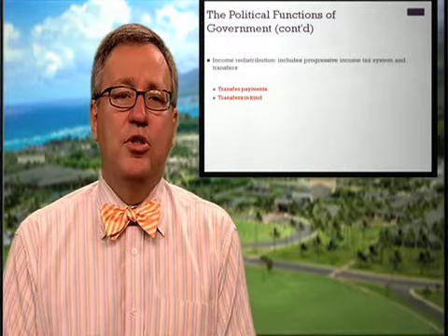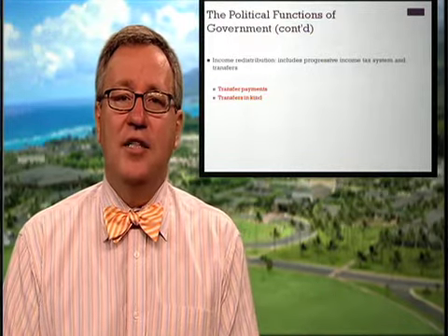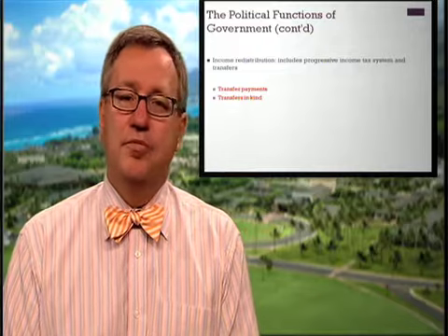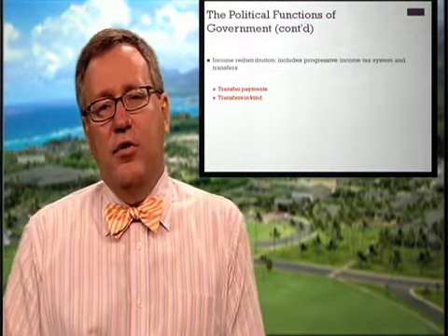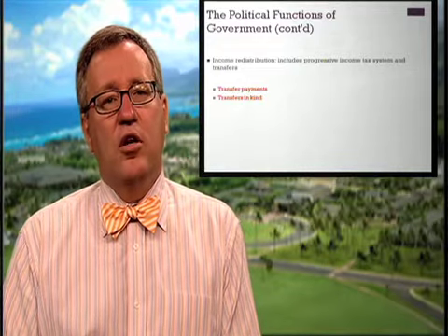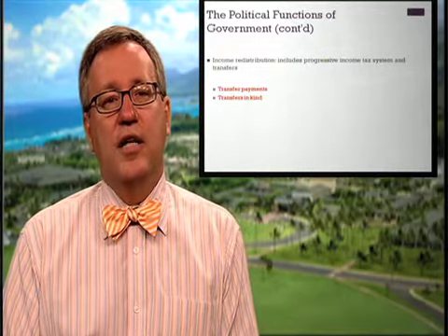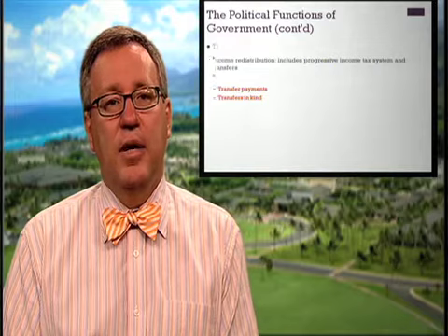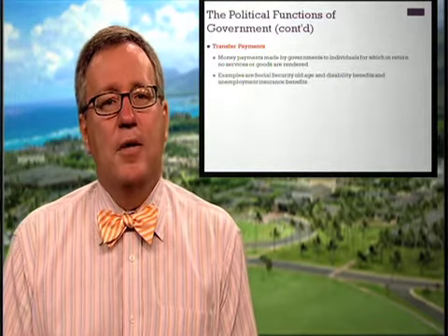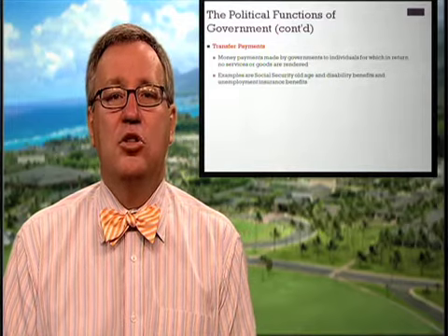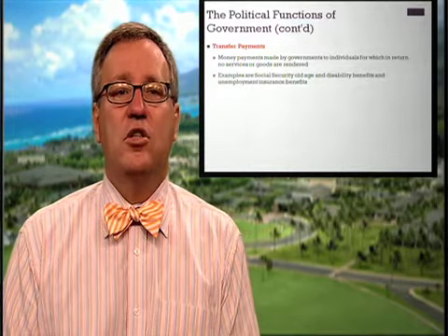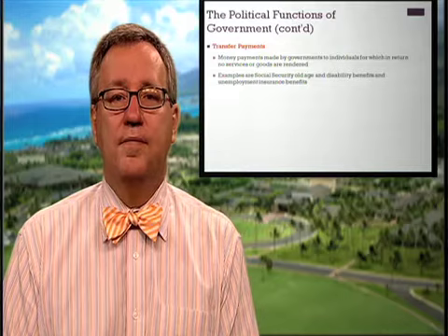This income redistribution idea includes a progressive tax system and a bunch of transfer payments. So we have two categories in here that are red terms and bolded. One is called transfer payments and one is called transfers in kind, and we'll hit both of these independently. Transfer payments are just money payments made by governments to individuals for which no services or goods are rendered.